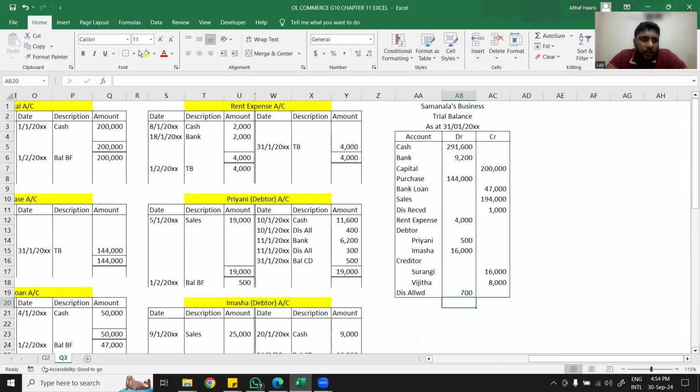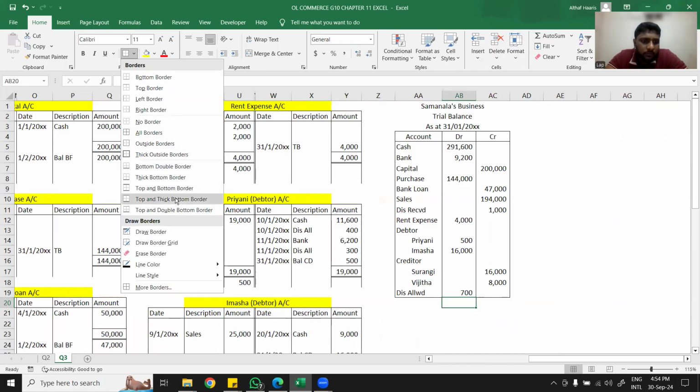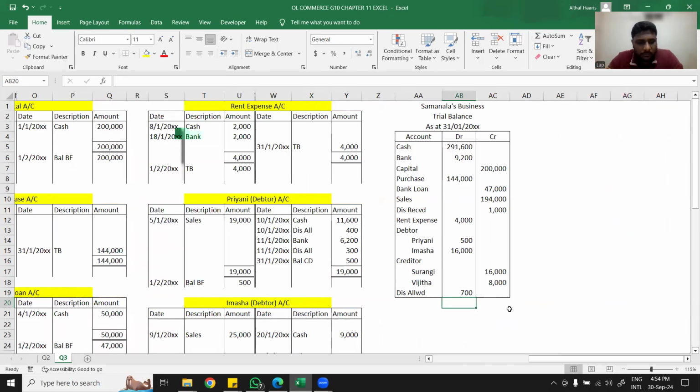Now take the total. Check whether it is balancing, Lamai. You do it. Check whether it balances. Don't wait till I do.